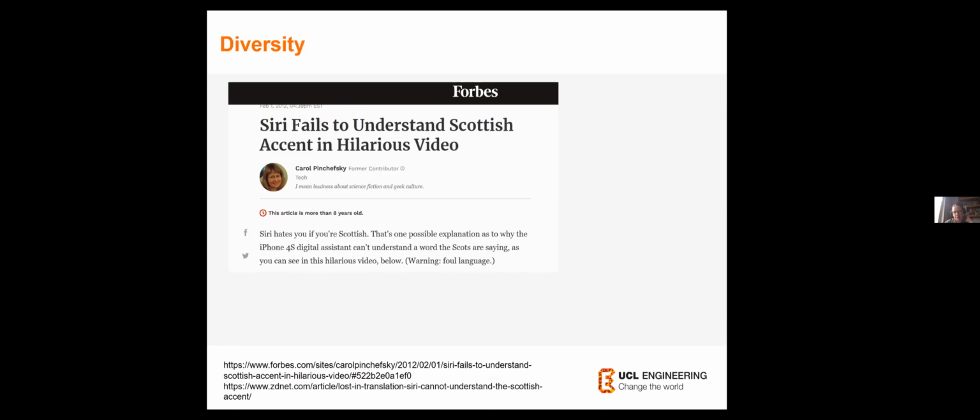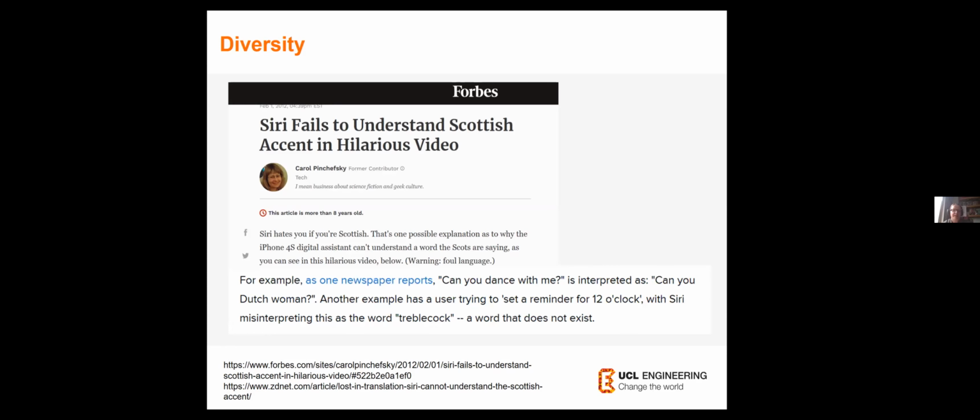One of my favorite quotes from a slightly different article is that it misinterpreted "can you dance with me" as "can you Dutch woman," which is a very different sentence from what someone is looking for. So that's the really interesting thing: why does it not understand Scottish voices?